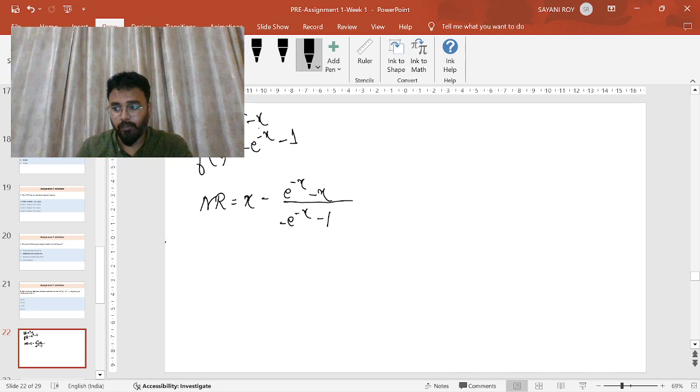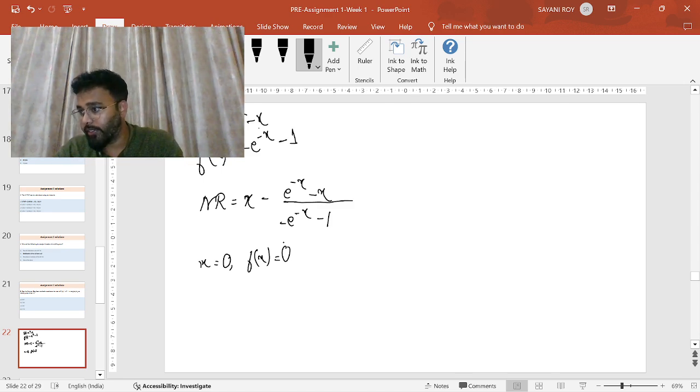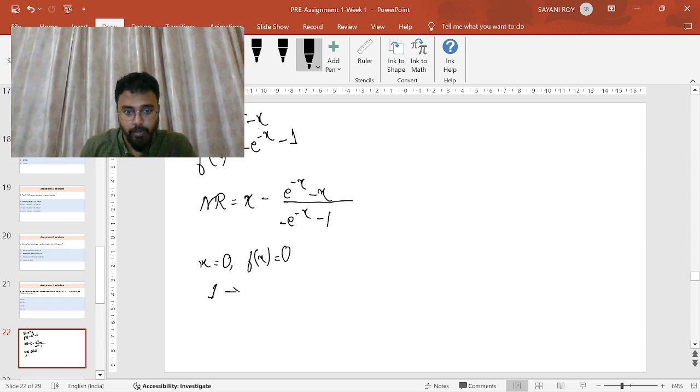Now for this, if we put different values of x, for zero, it is already given. For 1, if we take 1, it will be 0.5042.